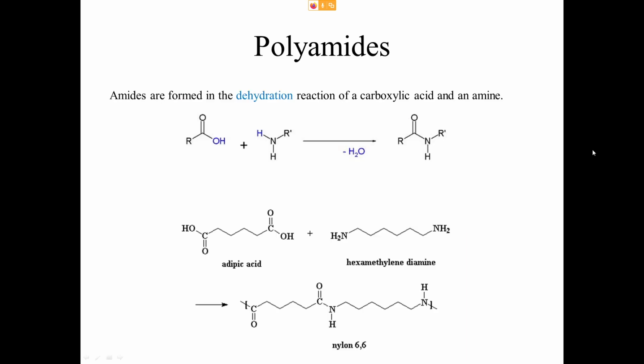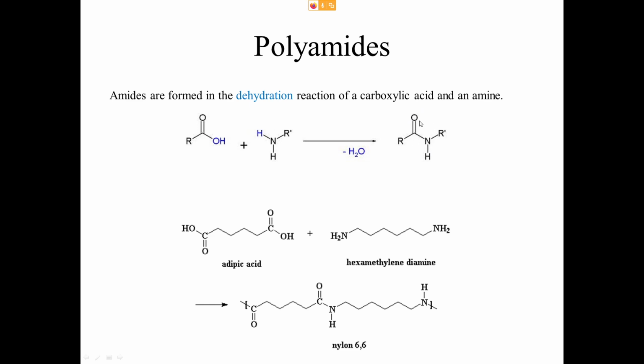Okay? So let's talk about putting some of these alpha amino acids, or amino acids in general, together. You've done this in your lab exercise, where you took some carboxylic acids, like this one, and some amines, like this one, mixed them together, and you know a carboxylic acid plus an amine has a dehydration reaction. You get water loss, and you connect them and make the amide. Right?